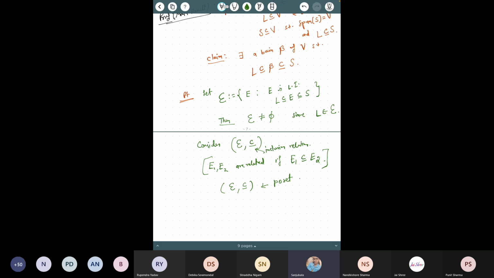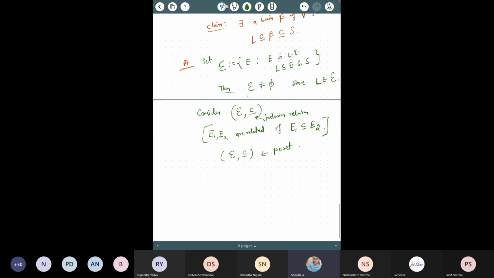Now if I want to use Zorn's lemma, then I have to show that every totally ordered subset of this poset has an upper bound in this E. I have to prove this for every totally ordered set. So let us start with any. Let F be a totally ordered subset of this poset.